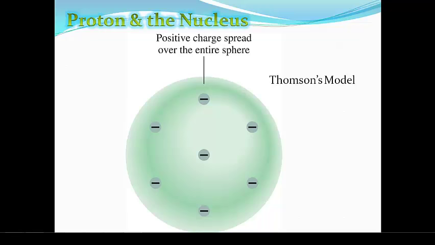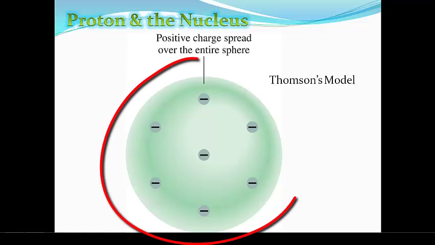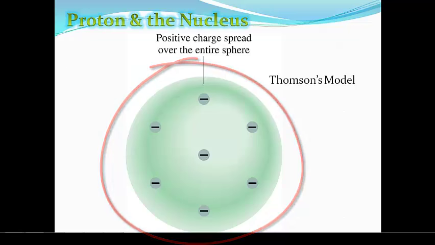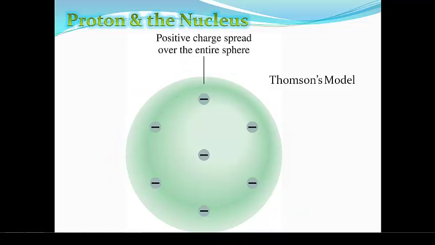So J.J. Thomson, the guy who first discovered the electron, proposed that an atom could be thought of as a uniform positive sphere of matter in which the electrons were kind of like embedded into this sphere, and he called it the plum pudding model, because it was kind of like raisins embedded into a cake, like a plum pudding cake.